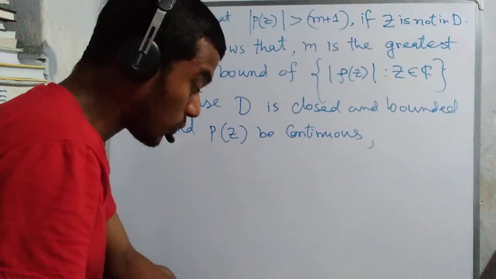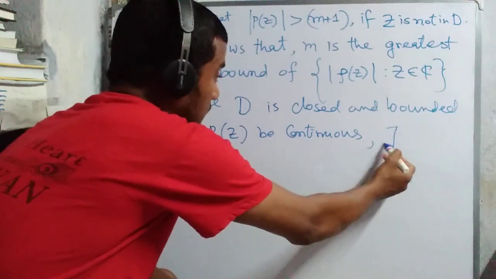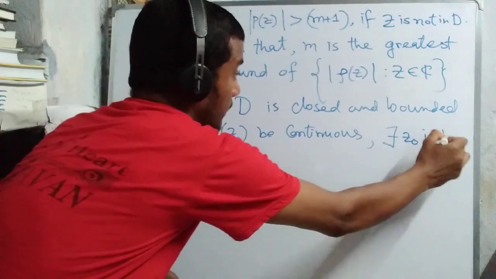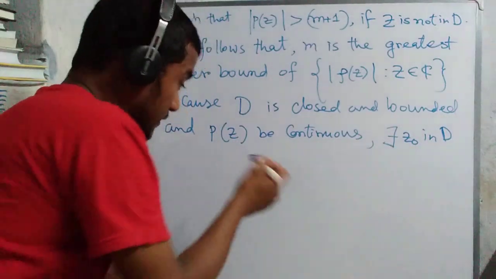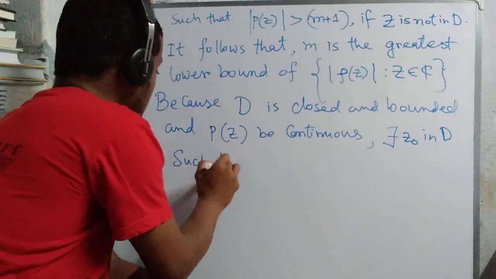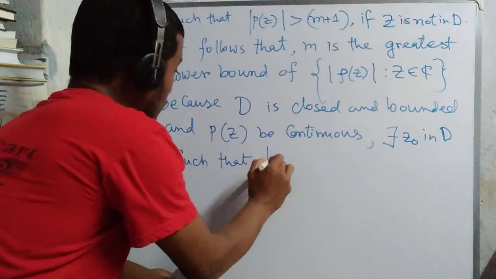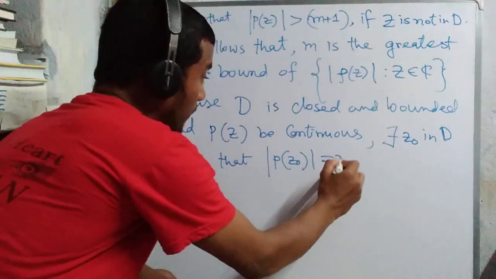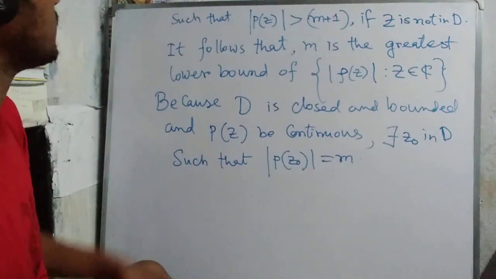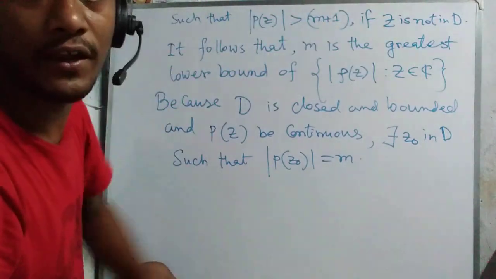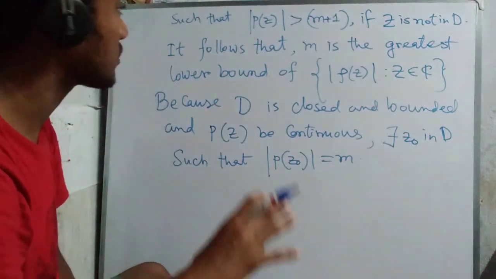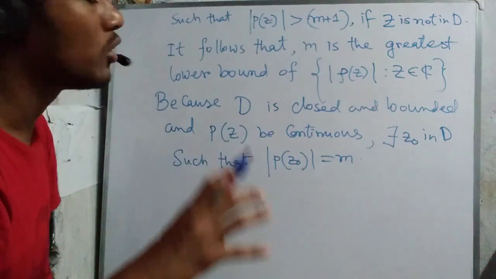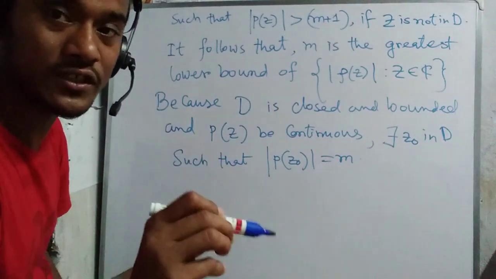So there exists z0 in D such that the modulus of p(z0) equals M. Understand or not?